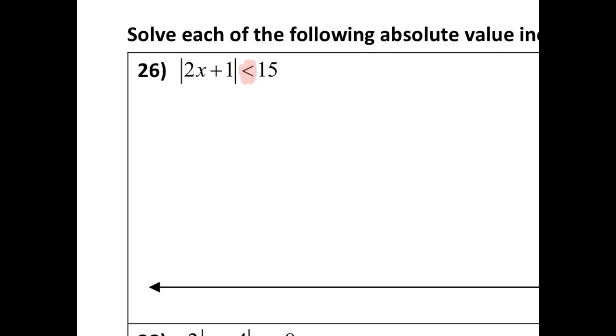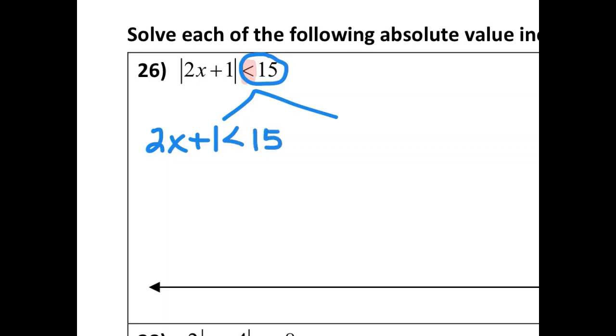So I'm going to go ahead already and divide my problem into 2 parts. And I'm going to take the first part and write what's inside the absolute value, and then exactly the less than and 15 as it appears in the equation.